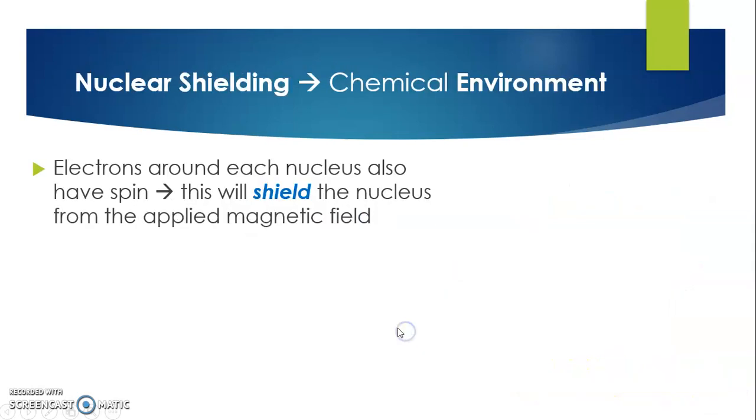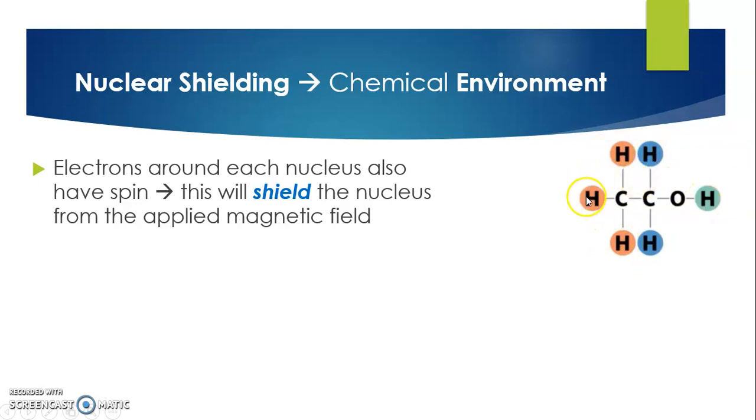So what is chemical environment? Well, electrons around each nucleus that we want to focus on also have spin. And this will then shield the nucleus from the applied magnetic field. For example, in this particular molecule, let's look at this carbon. This carbon is surrounded by 3 hydrogens and a whole CH2 group, right?